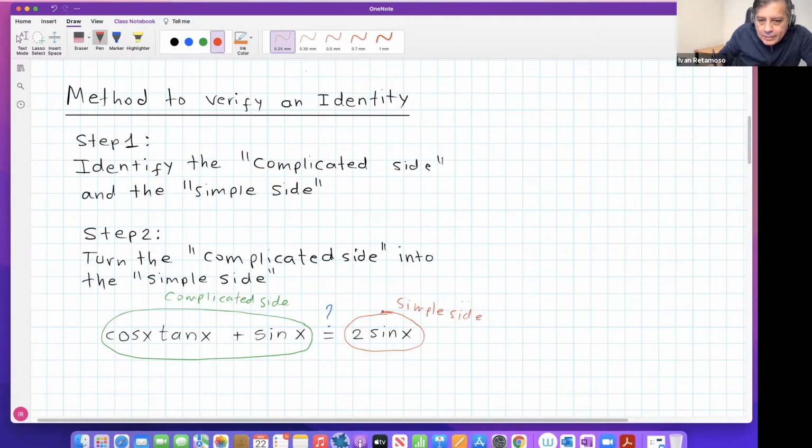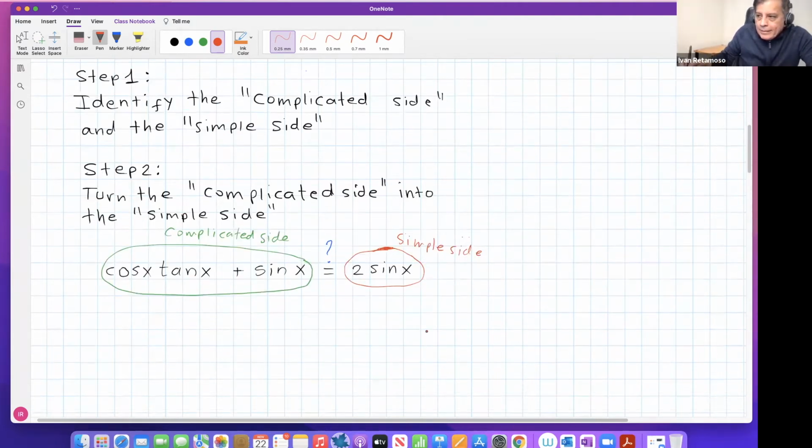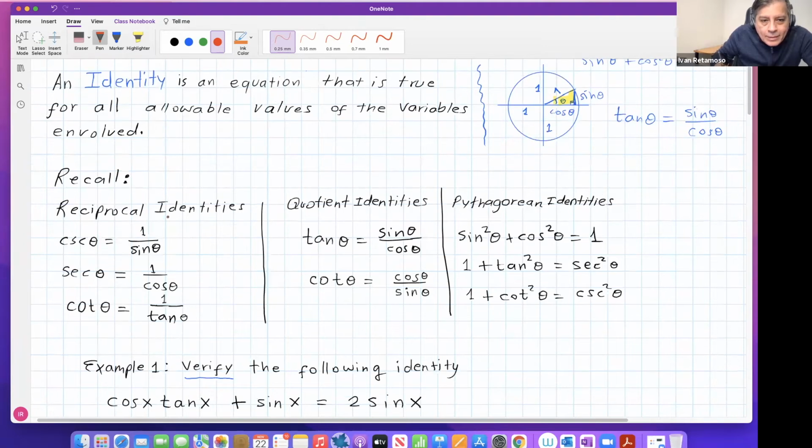Now step 2 says, after you identify the complicated side and the simple side, turn the complicated side into the simple side. For that, guys, notice I have placed a question mark here. They don't look identical yet, but they will eventually. So let's put a question mark there. All right, so now I'm going to work on the complicated side, using these well-known identities, the ones that have been checked already, the ones that mathematicians have classified in three groups.